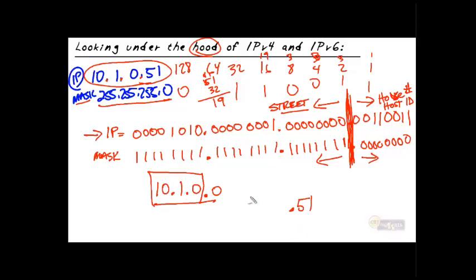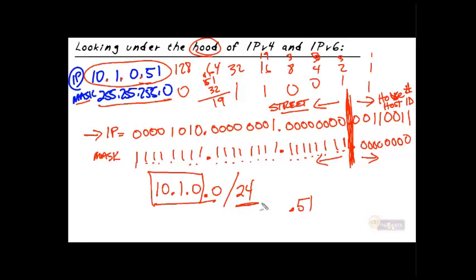Another way to represent this is we could count the number of bits in the mask. 1, 2, 3, 4, 5, 6, 7, 8, 9, 10, 11, 12, 13, 14, 15, 16, 17, 18, 19, 20, 21, 22, 23, 24. 24 bits in the mask. That's CIDR notation.